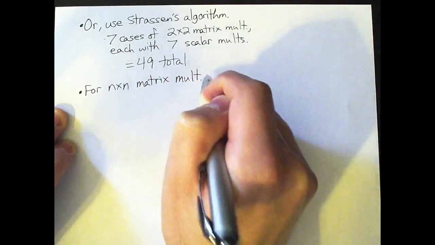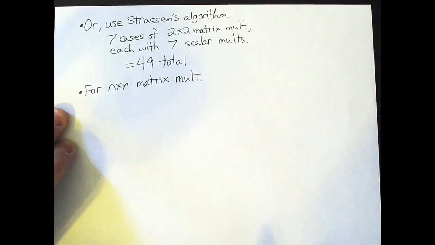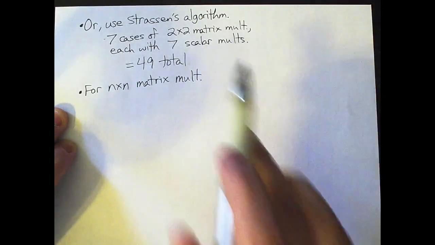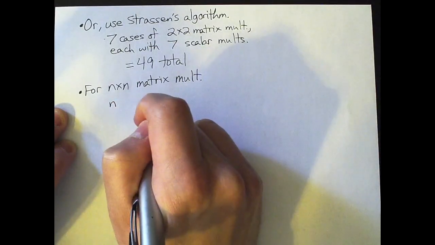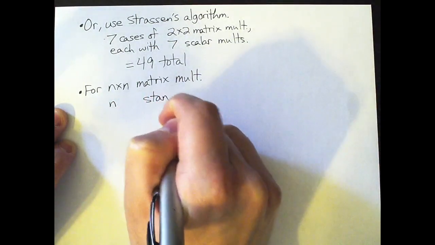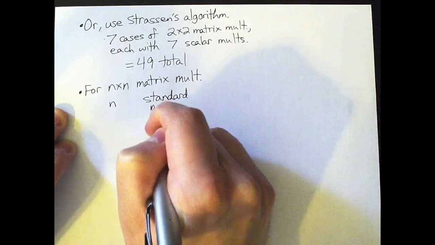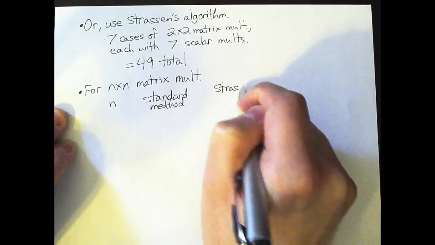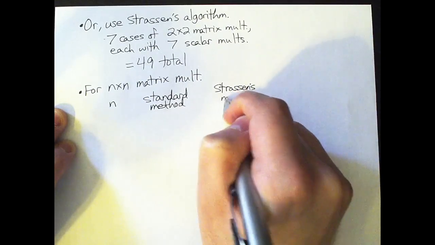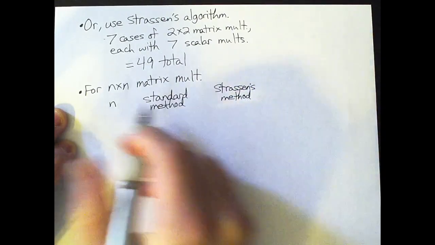Let's compare the efficiency, the number of multiplications that are needed. I'm going to look at different values of n, and we're going to make a little table here comparing the standard method with Strassen's method, or Strassen's algorithm.